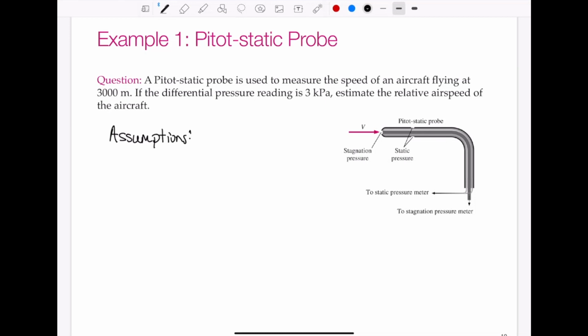Yeah, we're in the atmosphere at 3,000 meters. What is our fluid that we're concerned with here? Is it a liquid or a gas?